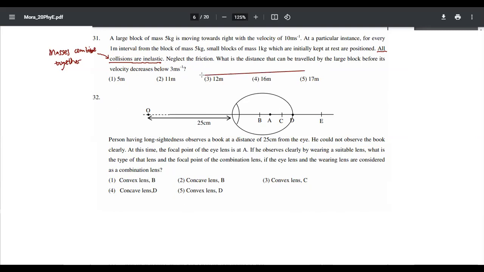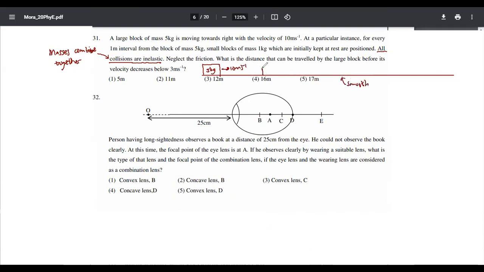So this is what's happening. We have a 5 kg block traveling at a speed of 10 meters per second. And there's no friction here, smooth surface.